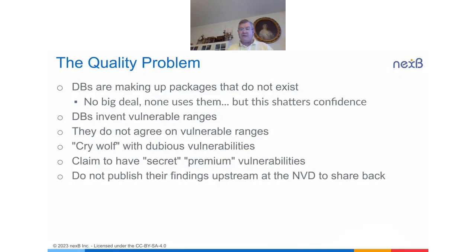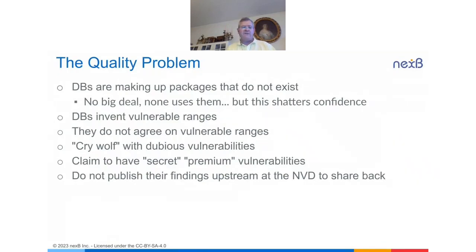Many of these databases, the proprietary ones, claim to have secret premium vulnerabilities. And again, going back to our first stance and approach, having secret vulnerabilities, in a way, is not much different from somebody that will sell an exploit on the dark web.